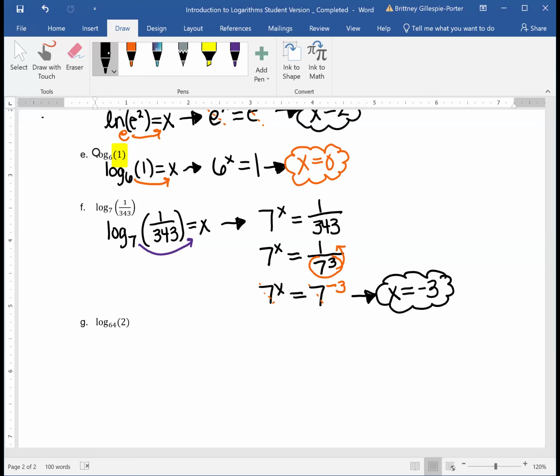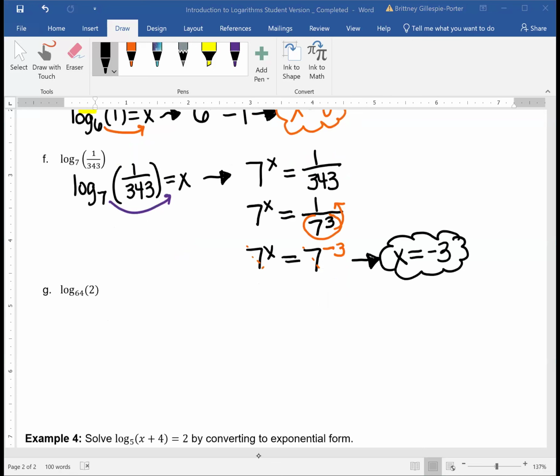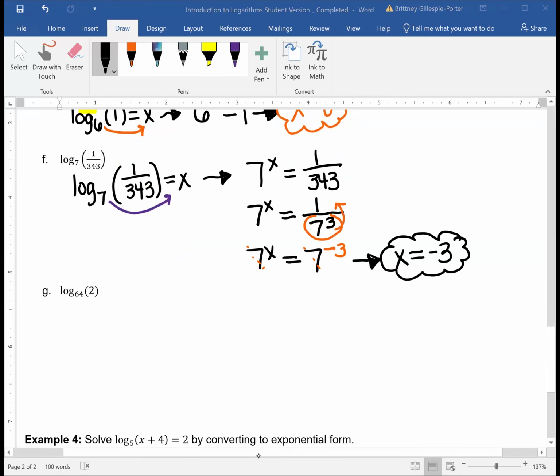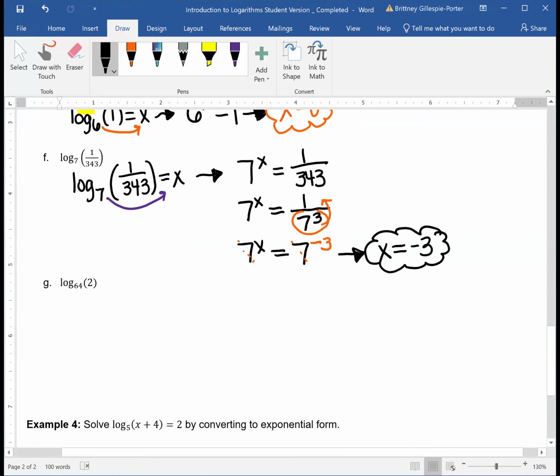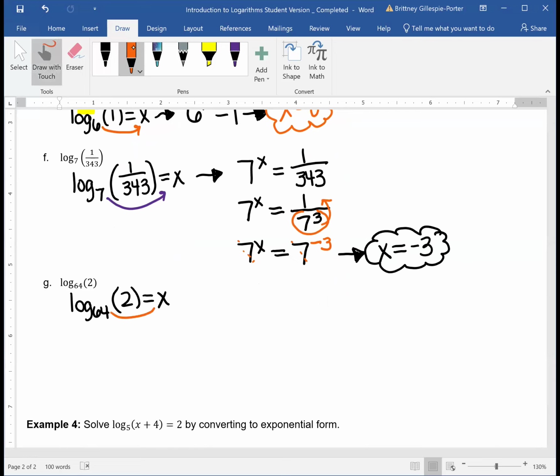Last example. Oh, sorry, not last example, second to last example. Last example in this one. We have log base 64 of 2. Go ahead and rewrite that as an equation equal to x. In exponential form using Spider-Man, we get 64 to the x equals 2.